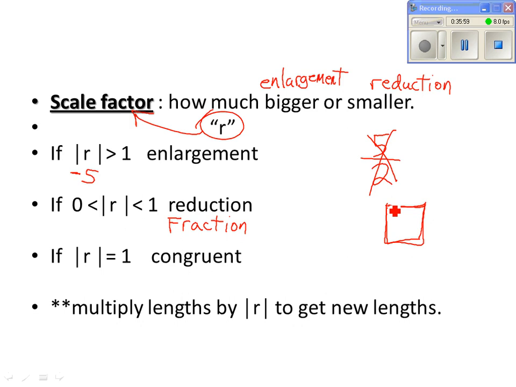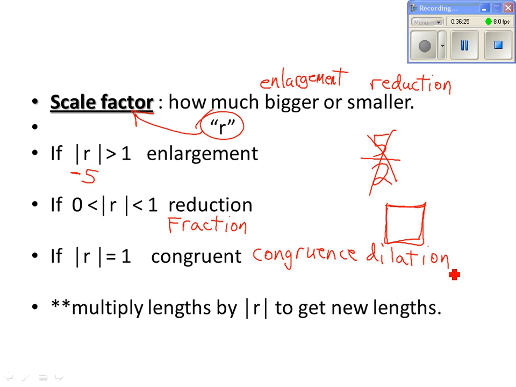The exact same thing. So when this happens, this is called a congruency. Dilation. In other words, when you do the dilation, the new shape's exactly congruent to the other.